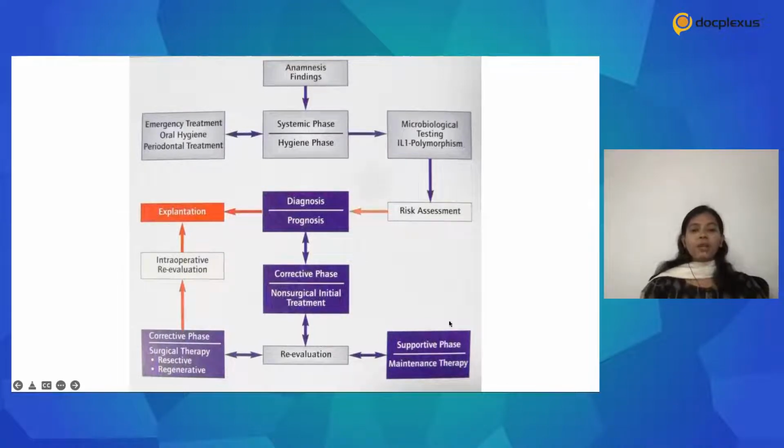Corrective phase can be either surgical therapy or non-surgical therapy. Next, coming to the supportive phase, you might have a maintenance therapy. These are the most important things in your peri-implantitis management.